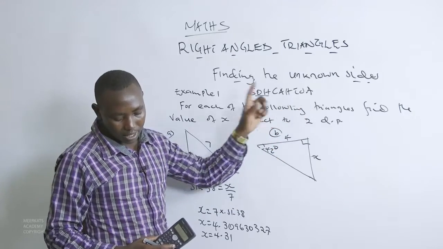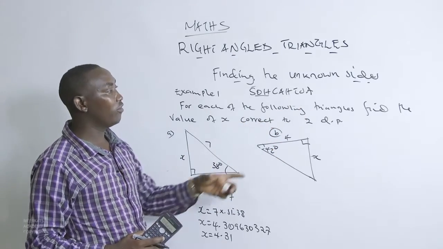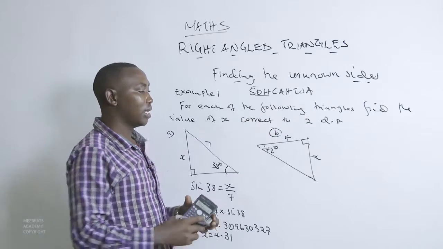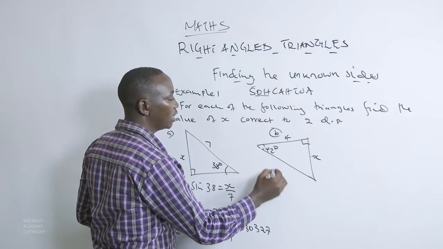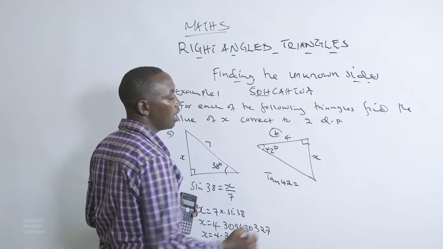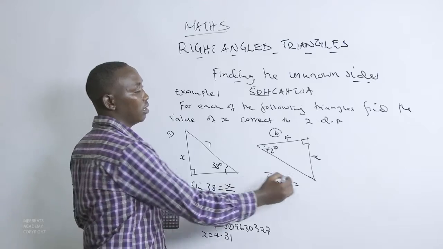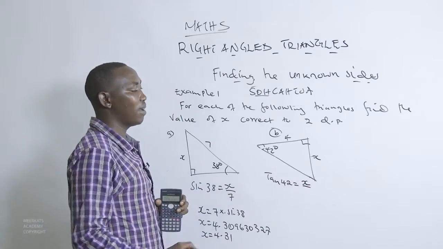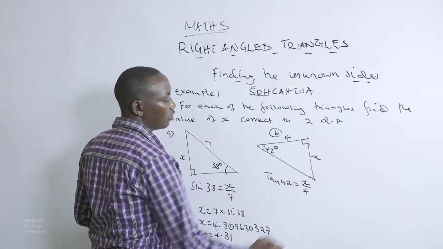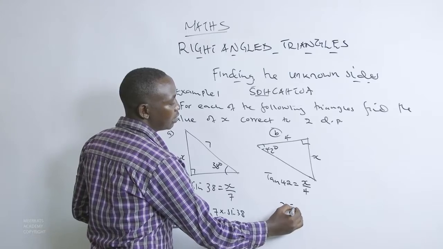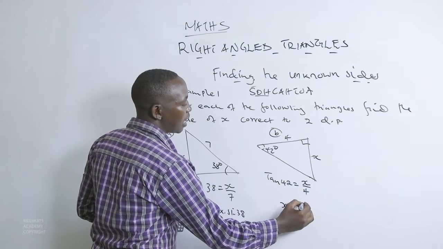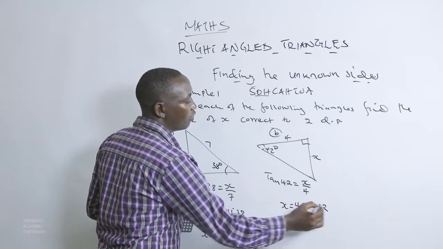Opposite and adjacent, that means we are going to make use of tangent, and therefore tan of theta, which in this case is 42, is equal to opposite, which is x, all over adjacent, which is 4. And therefore our x shall be equal to 4 multiplied by tan of 42.